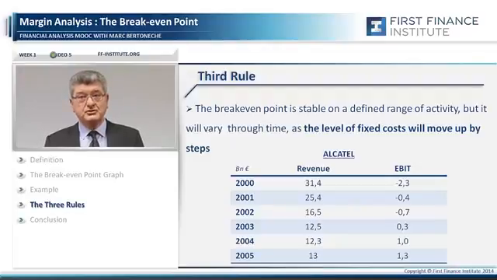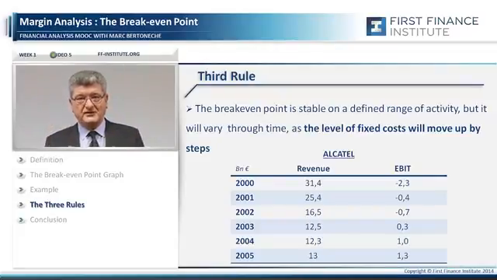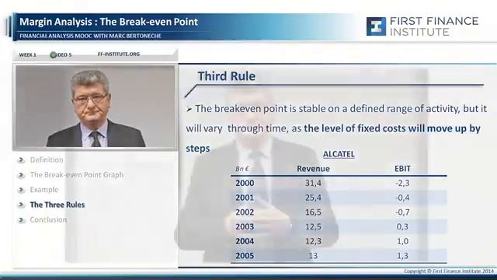What Alcatel was able to do is to dramatically reduce its fixed cost and come to profit despite a huge reduction of sales, a huge reduction in size, a downsizing as we call it sometimes. Reducing the fixed cost, or transforming fixed cost into variable ones, is a key feature in all restructuring programs.